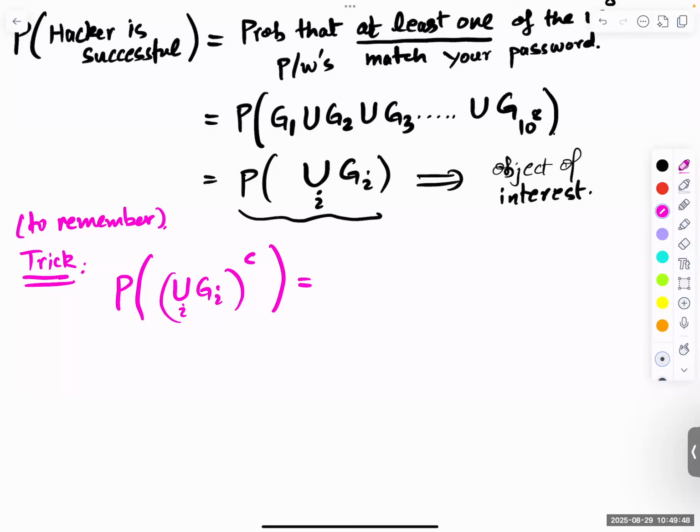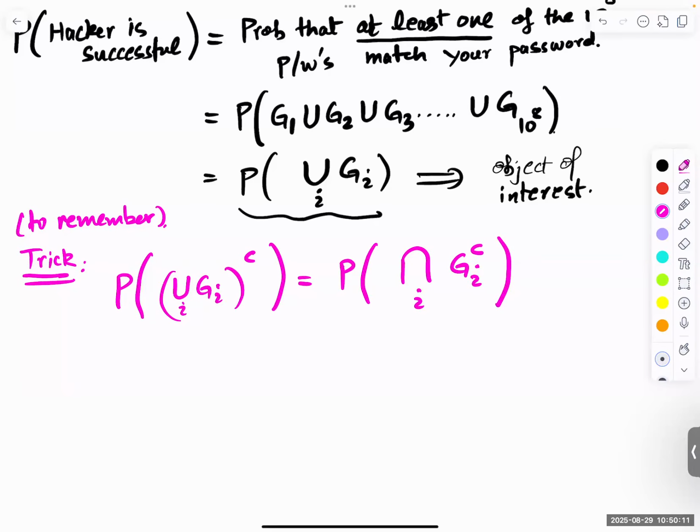Remember from De Morgan's laws, from earlier treatment of this concept, we can write this as the intersection over I of the complement of the G sub I's. Okay. So this follows from our earlier treatment.